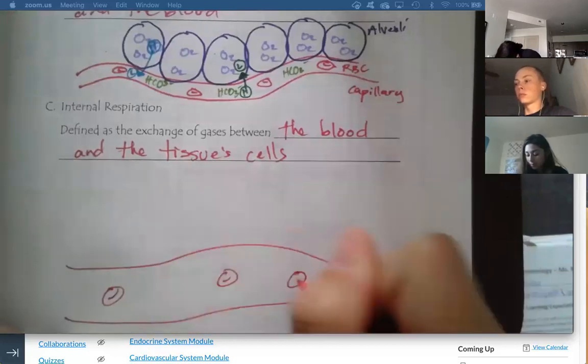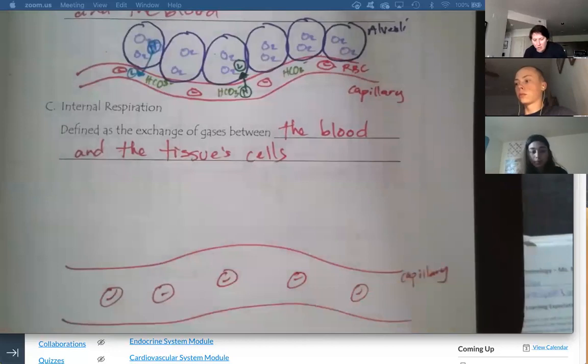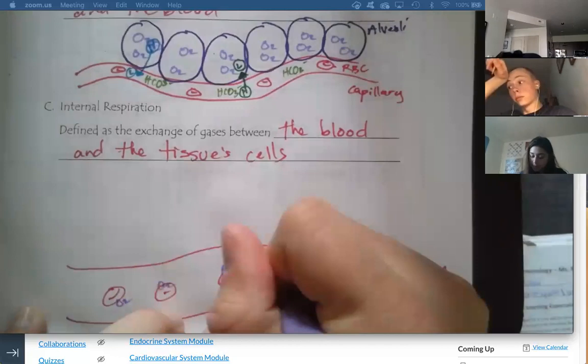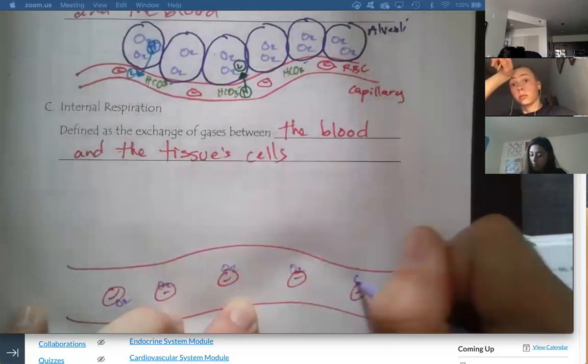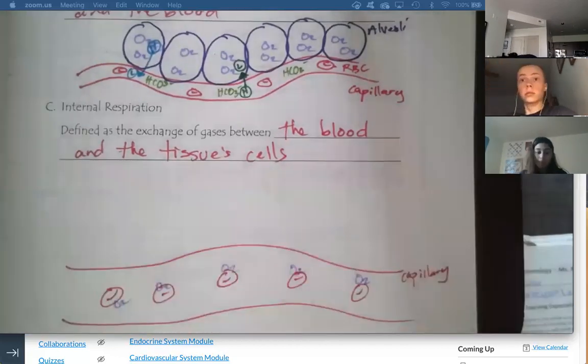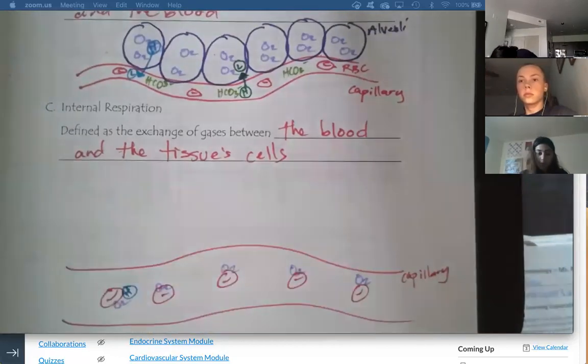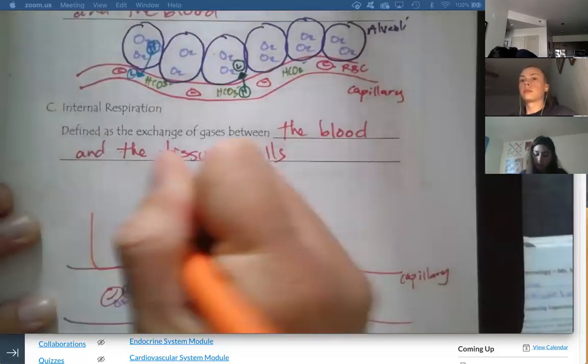We're going to have high levels of oxygen on our red blood cells. We're then going to have our body cells. I'm going to just draw some cuboidal cells here.